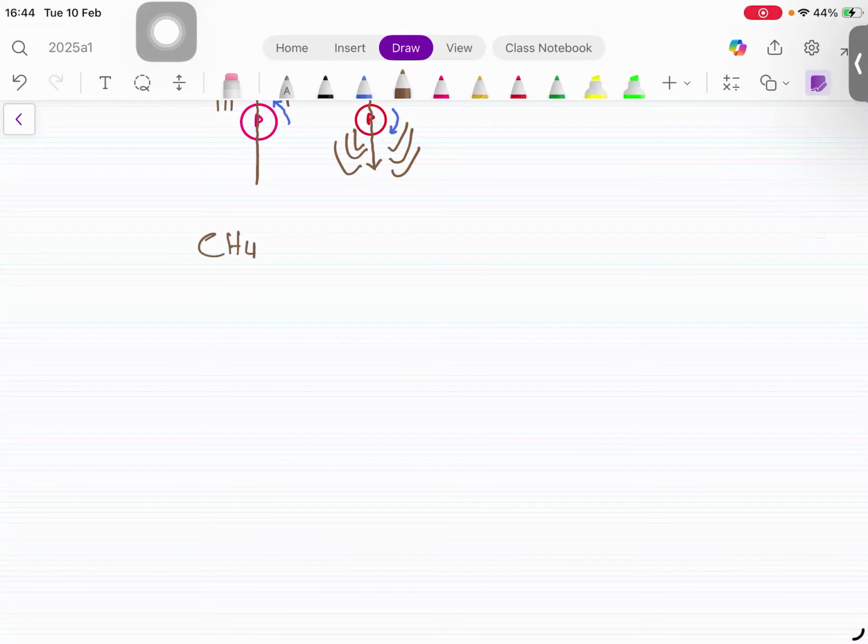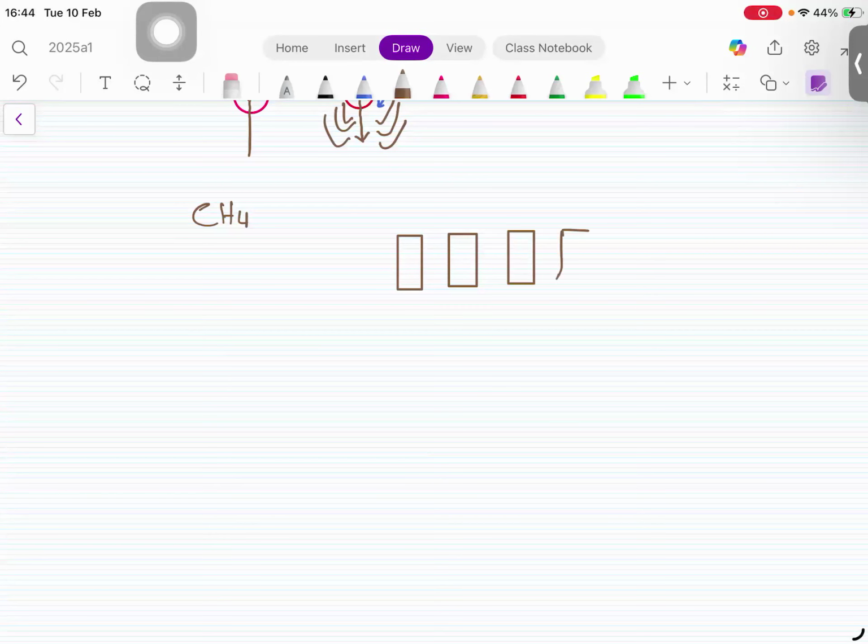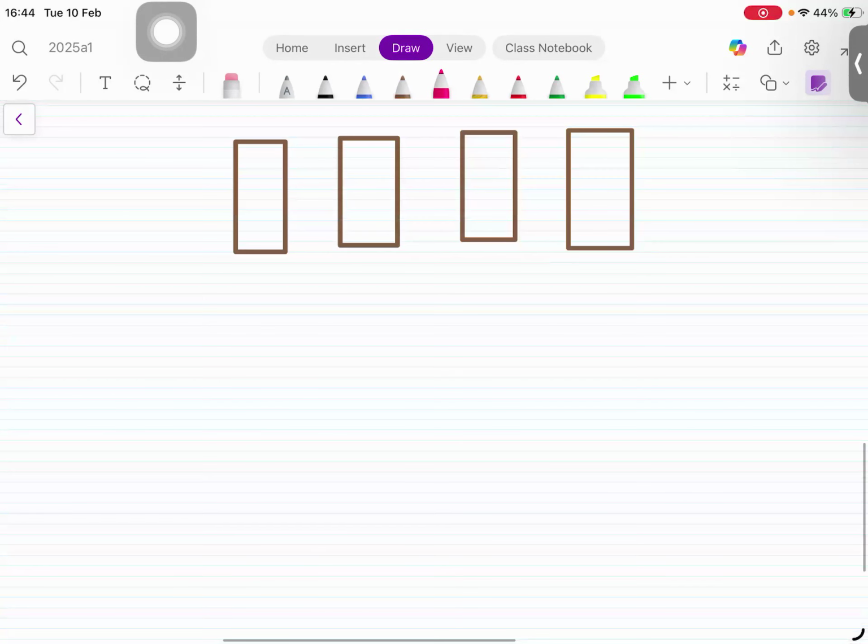So I assume that methane has 4 tiny magnet bars. And when there is a magnet bar, one pole is north and the other one is south. I assume 2 of the bars are placed like this and 2 of the bars placed like this. So methane has 4 tiny magnet bars, 4 hydrogens.